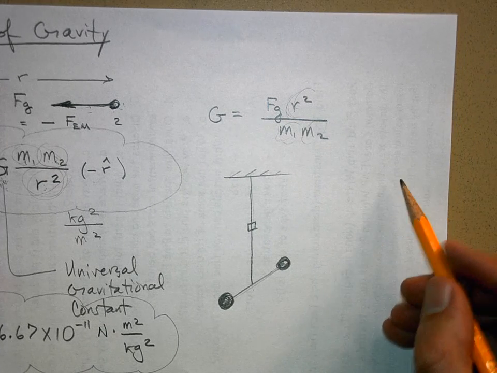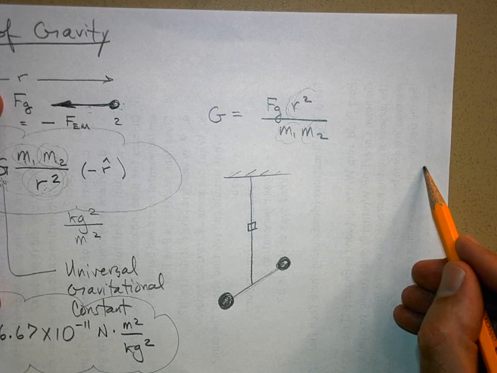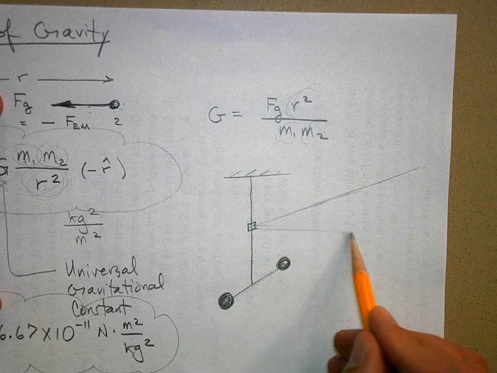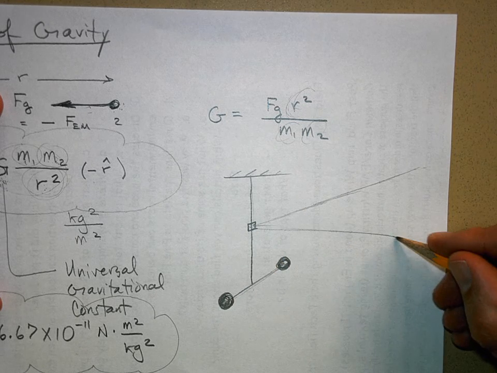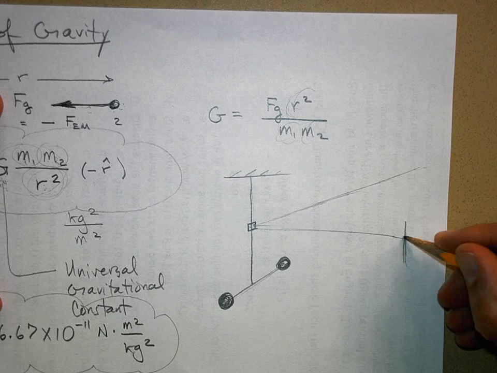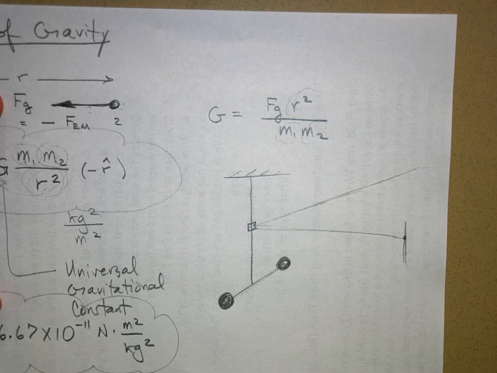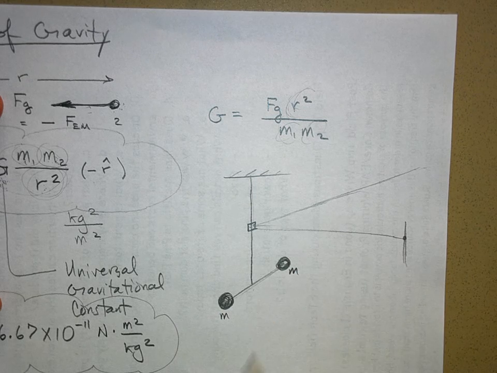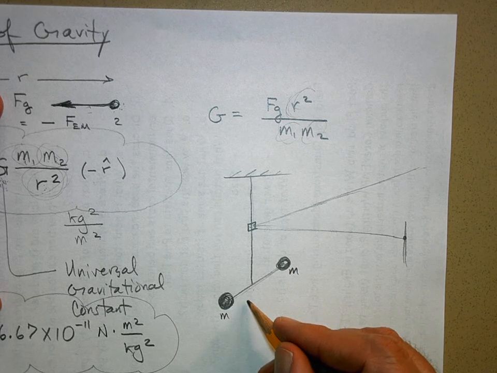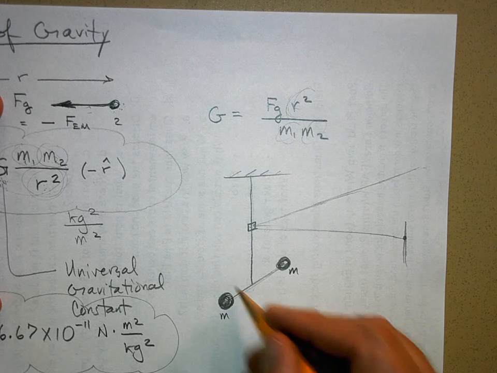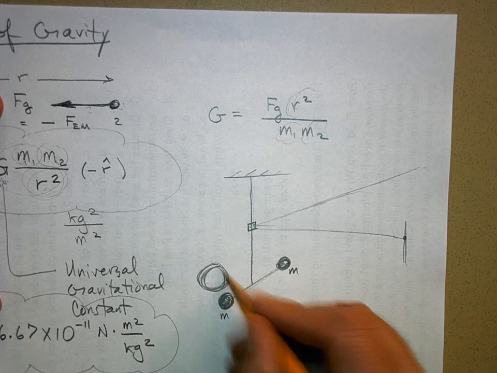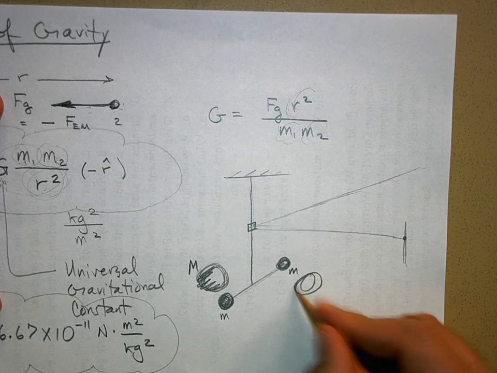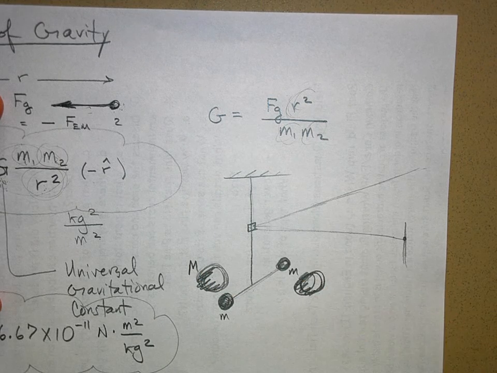So he shined a slit of light and bounced it off this mirror, and it made a spot on a wall. And he measured where that spot was. This was M, and this was M. Then he took a great big massive sphere right here, and another, and put them over here.